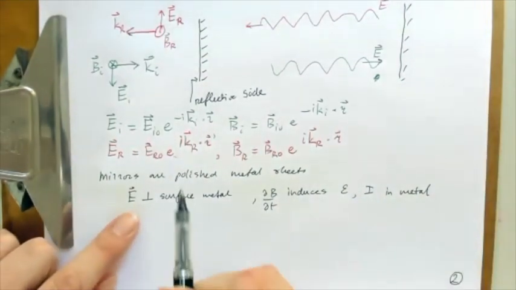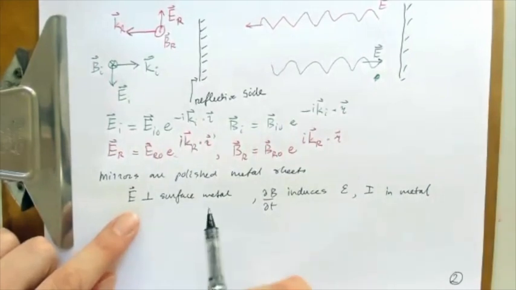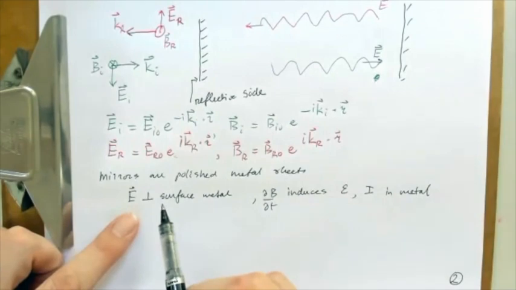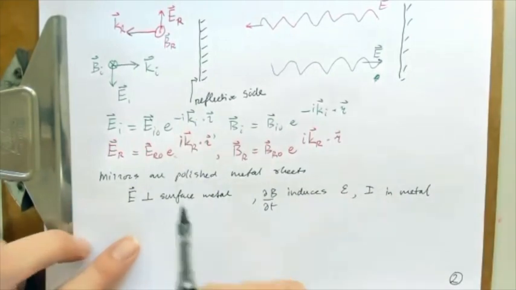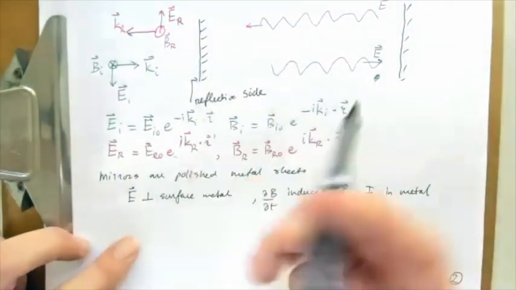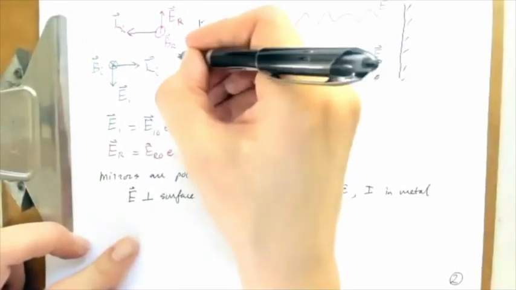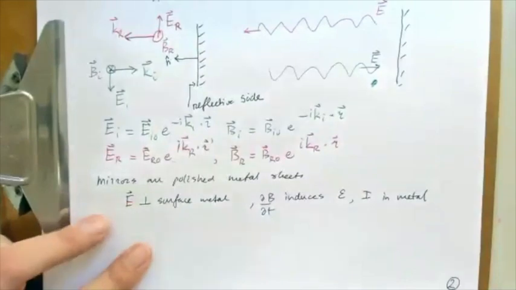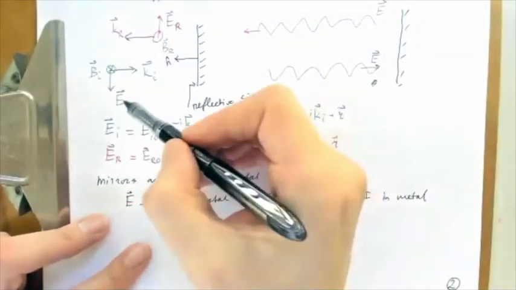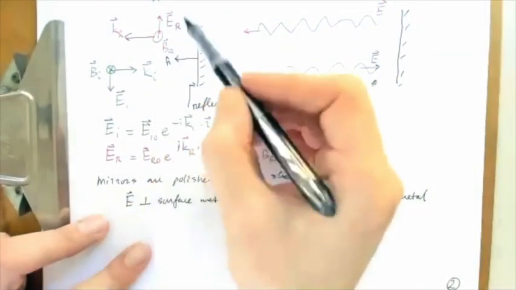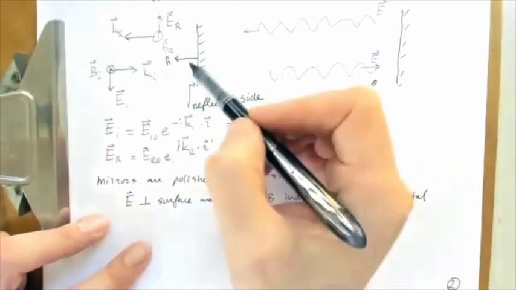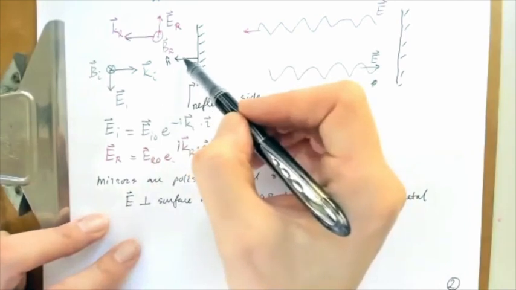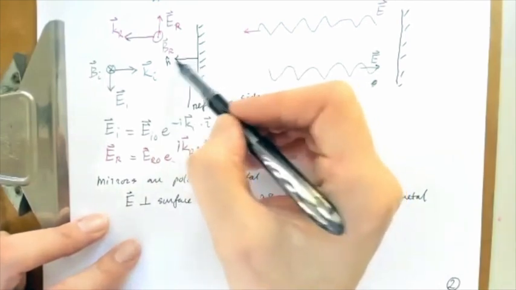So if this thing is perpendicular to the surface of the metal, that means that if this is the normal of the surface, then when you take the electric field that is incident and the electric field that is reflected and add them together, there can be no component of the electric field pointing in a direction other than the normal, right?